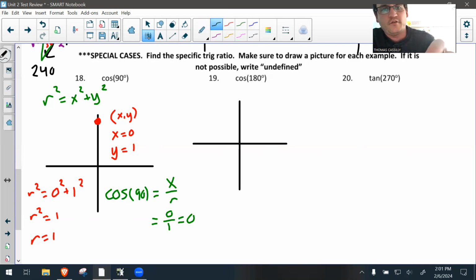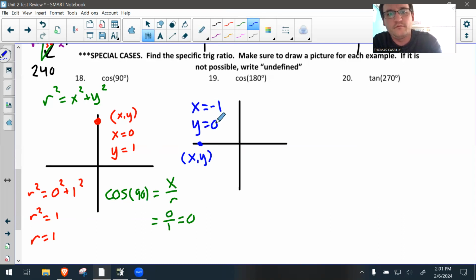Cosine of 180. So plot 180 on here. That is going to be somewhere over here. So let's just figure out what x and y are. So x does not matter, but it will be in the negative direction. So I'm going to say x is -1. You can make it whatever you want. I'm using -1. The y value, however, is 0.